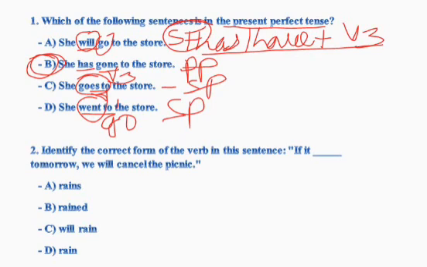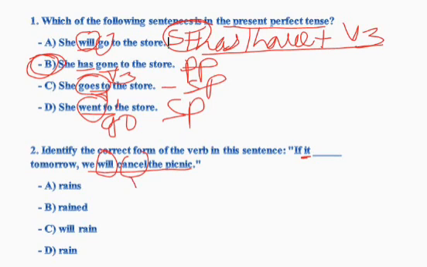Okay, let us go to question 2. Question 2 says, identify the correct form of the verb in this sentence: if it dash tomorrow, we will cancel the picnic. What we have here, in the main clause, is will and cancel.